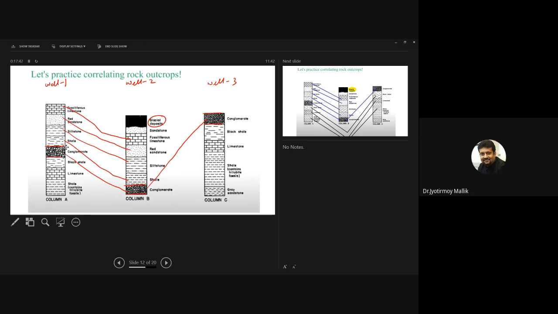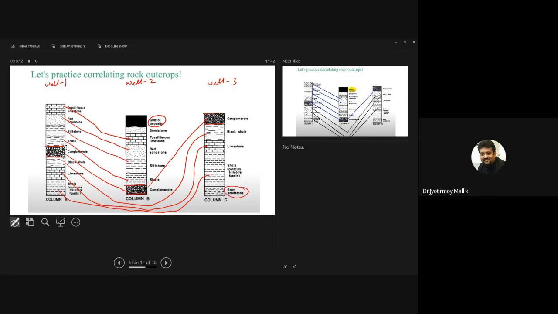Now, if we compare well 1 and well 3, we can perhaps see this black shell. This black shell can be correlated with this. Limestone can be correlated with this. And this shell contains trilobite fossil, can be also correlated with this. And then we can see that this gray sandstone is not developed here.